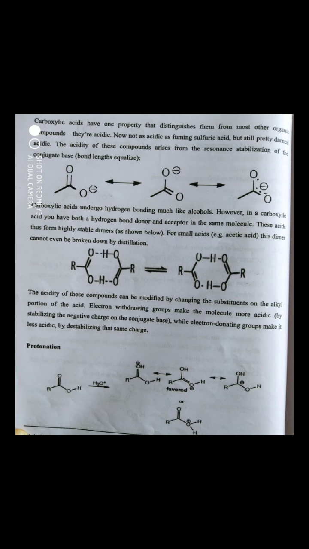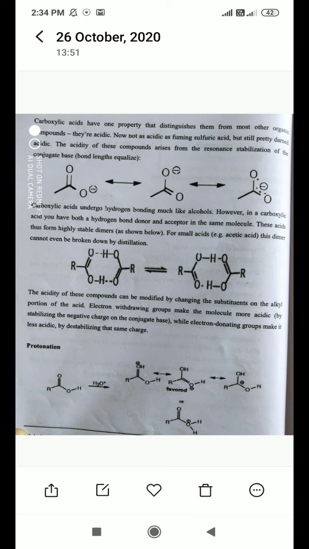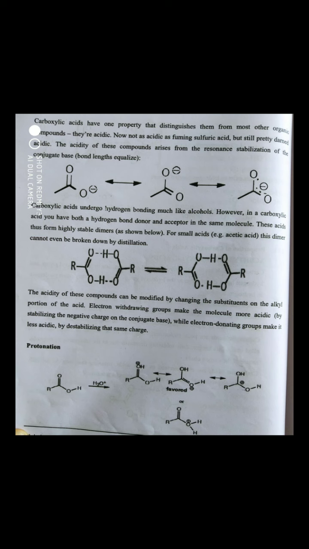In different theories, we have seen that a compound which has the ability to donate an H plus proton, a proton, very easily or very fast is a strong acid. Whereas if it requires more time, or it cannot easily donate H plus, the compound acts as a weak acid.